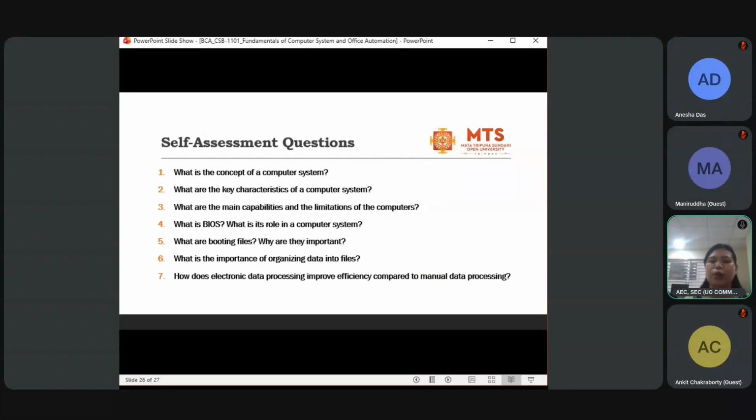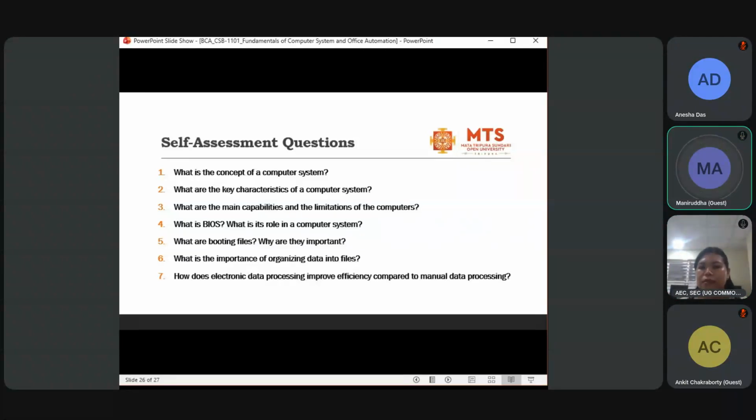These are the self-assessment questions. What is the concept of a computer? Now tell me, what are the main capabilities and limitations of the computer? Anyone can tell?